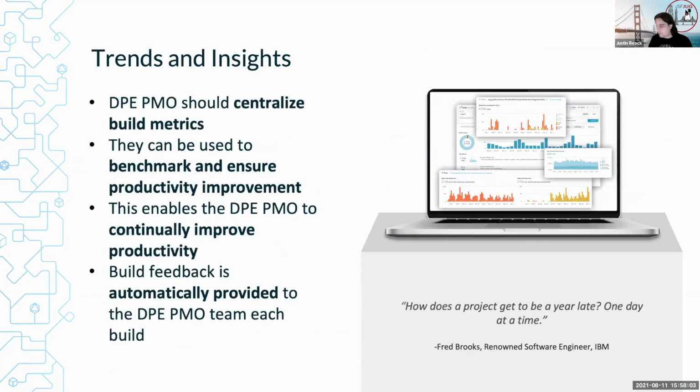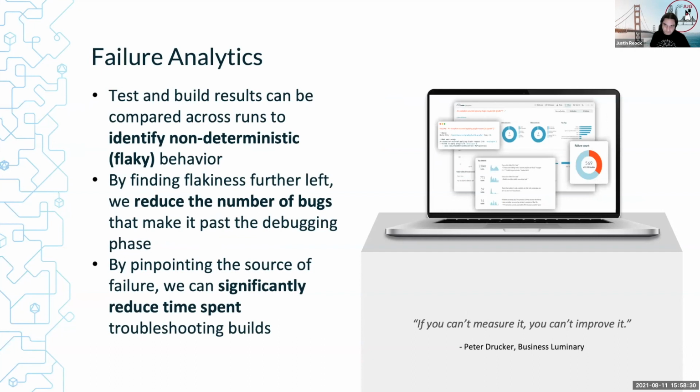Well, the Developer Productivity Engineering Product Management Office, which we highly recommend actually building as a dedicated function, should centralize these metrics and use them to ensure productivity improvement, just pulling basic data about how long builds took into some central source. And not just about speed, but also about things like failure analytics and trends in the way tests are running.